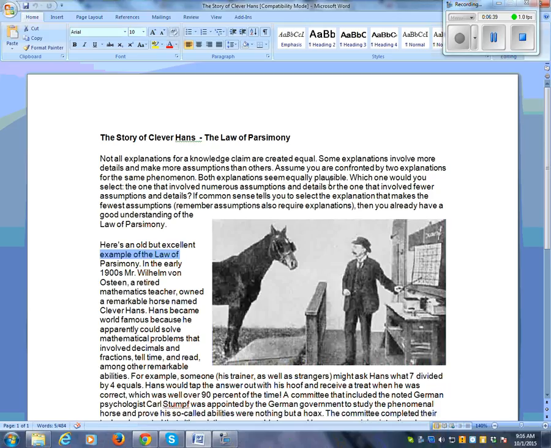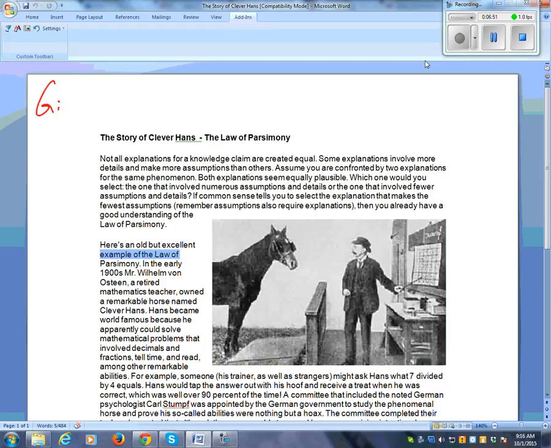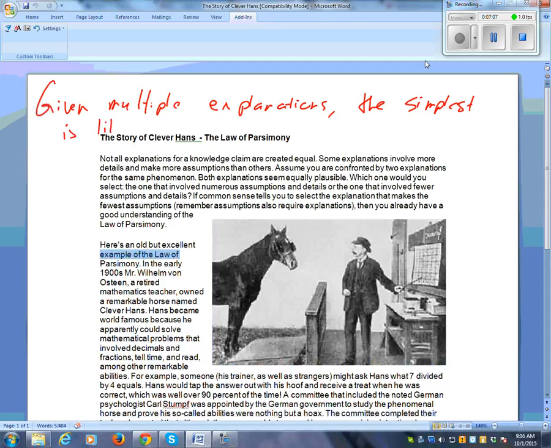Well, that's, yeah. Right. Okay, so given two explanations, or given multiple explanations, the simplest is likely the correct one.